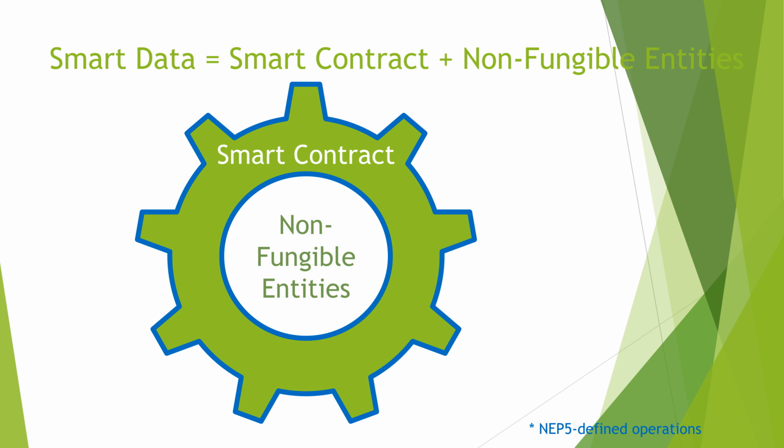So in the center, we refer to non-fungible entities, which I'll define on the next slide. But it's the idea that these are business entities, and some of the elements or fields of these business entities are non-fungible. They're non-mutable.